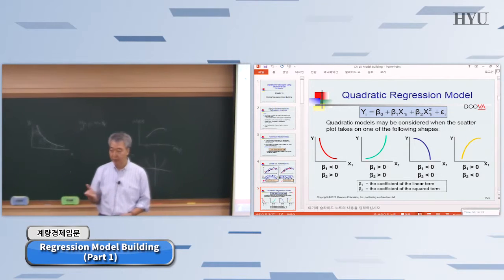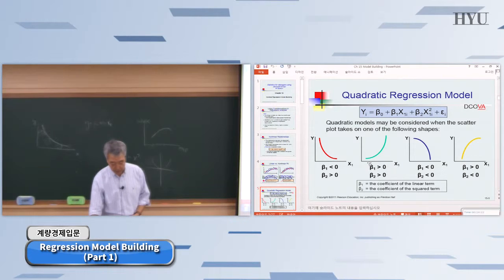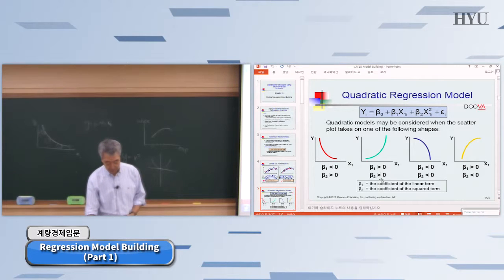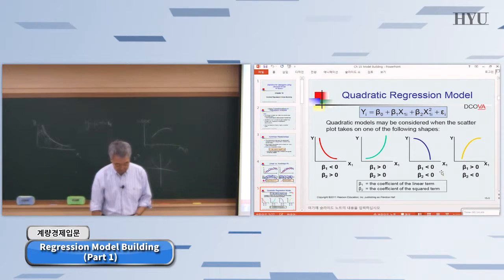It becomes stronger. As x1 increases by 1 unit, initially the y value increases by 0.5 or 1 unit, but at larger values of x1, the y value increases very fast. That's what this positive coefficient implies. All right, so you can figure out the rest of the slopes and the shape of the curve.